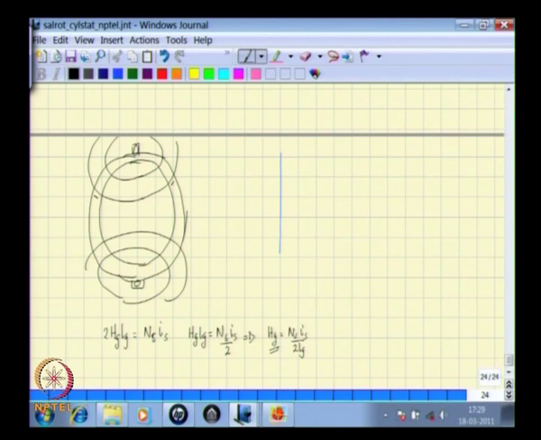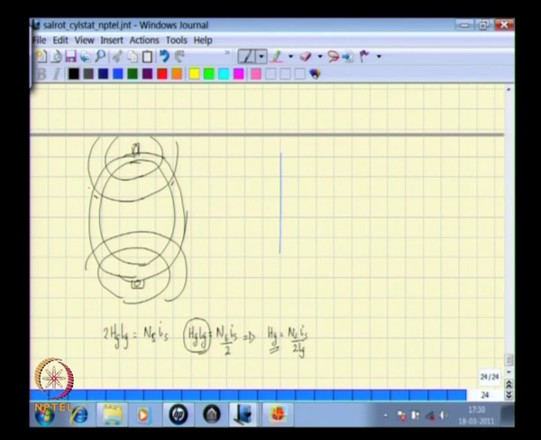The H into L itself is then the MMF that is dropped across one air gap. Here you have a similar MMF that is dropped across the other air gap.